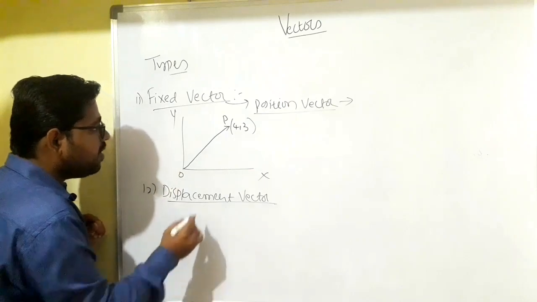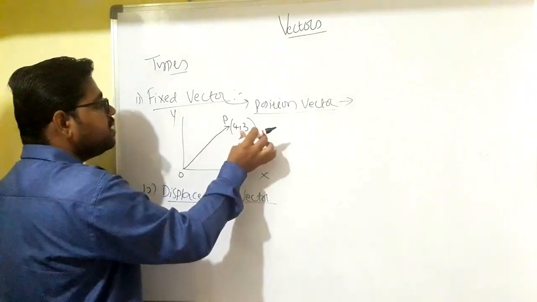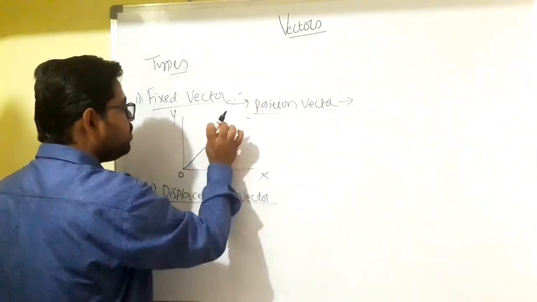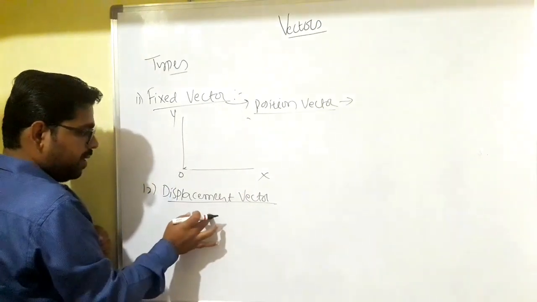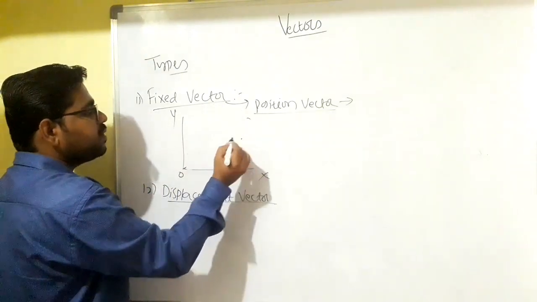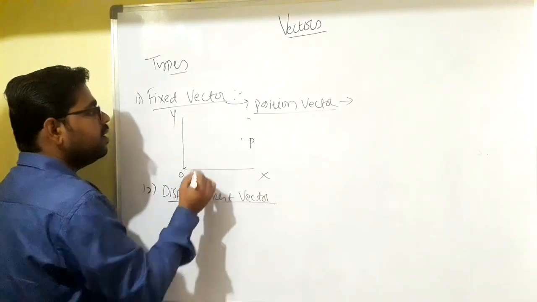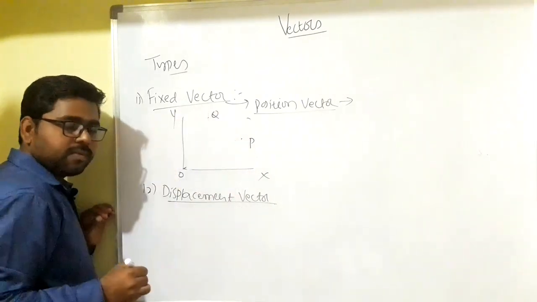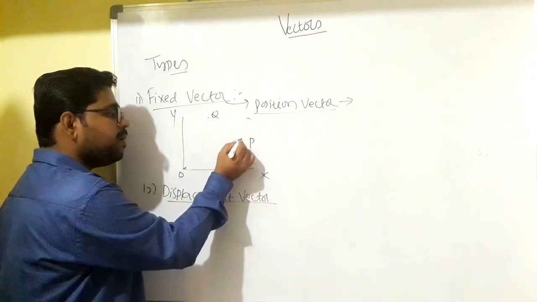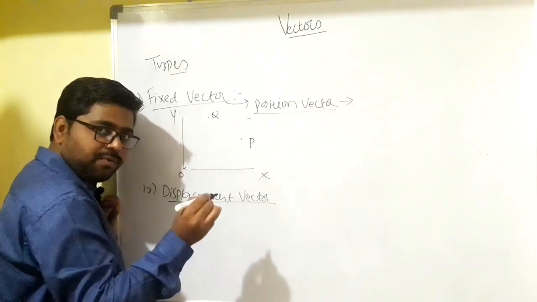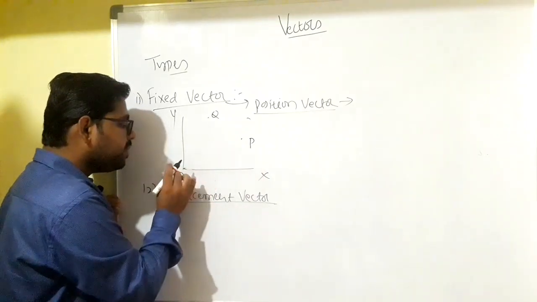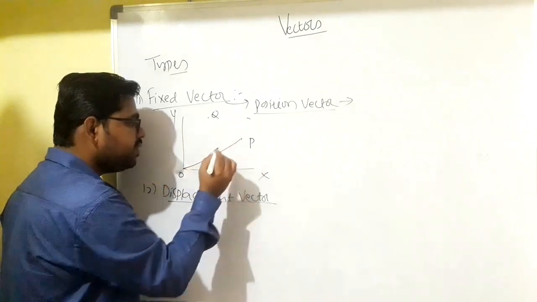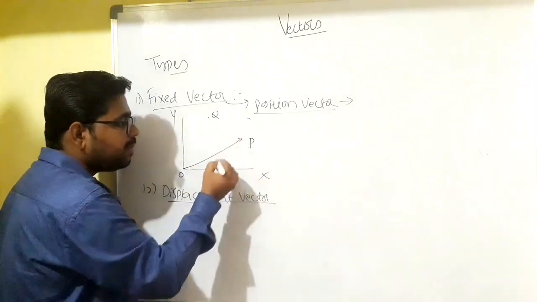Let's assume the same example above. Let's consider this point P, and here point Q. The position of the particle earlier was at point P. How do we represent the position of the particle? Let me join it here. This is the position of the particle.